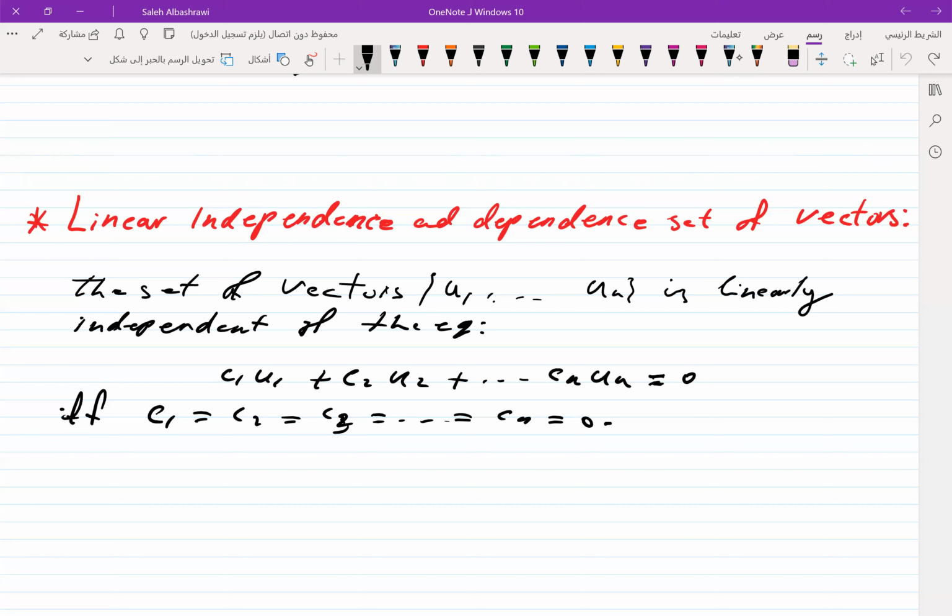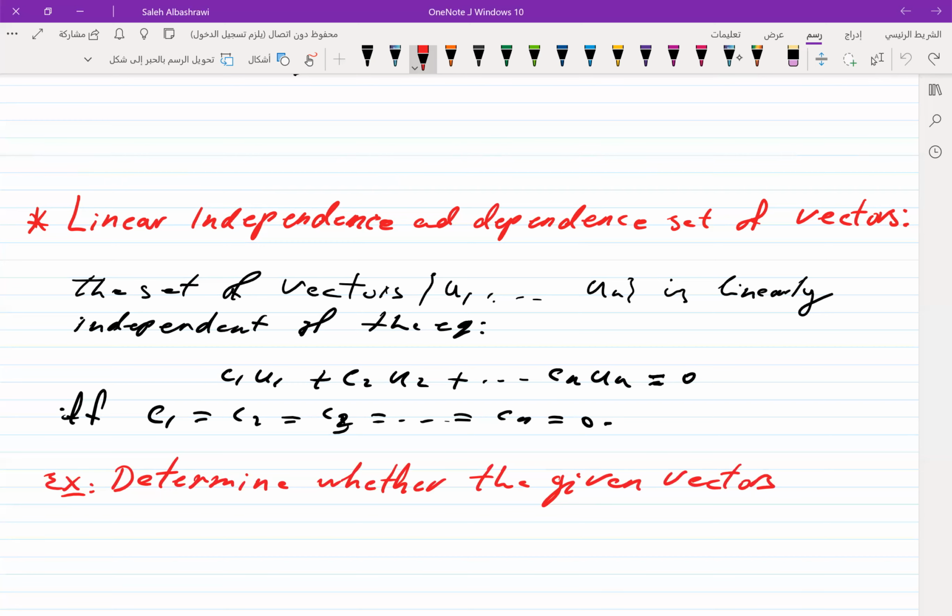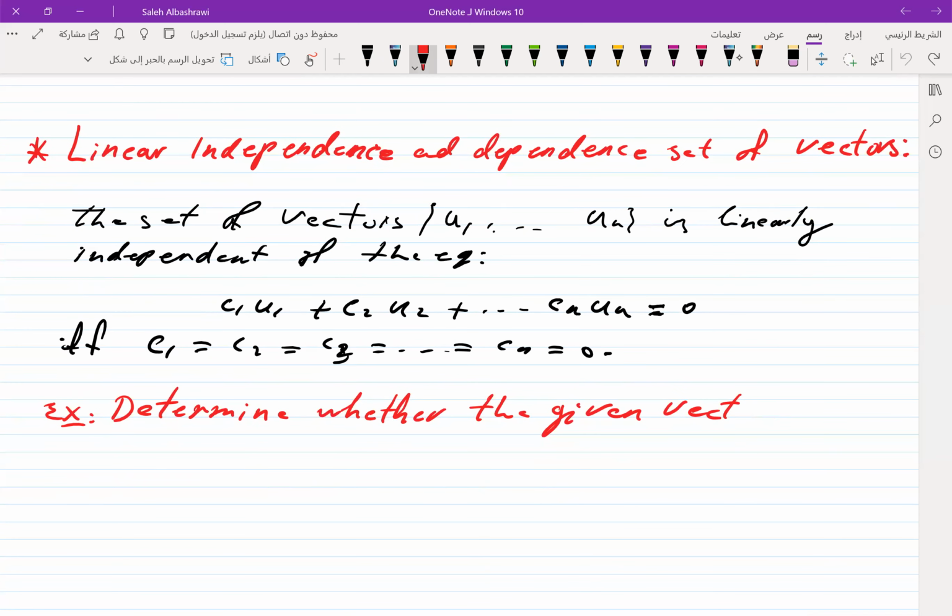For example, determine whether the given vectors are linearly dependent or independent.